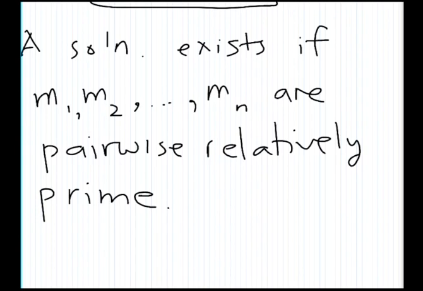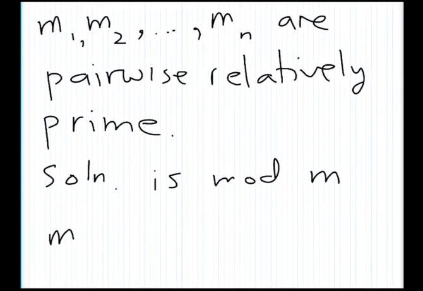So the solution exists, and the solution is modulo m. What is m? m is the product of all our m1, m2, up to mn.